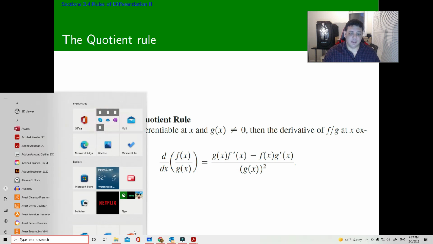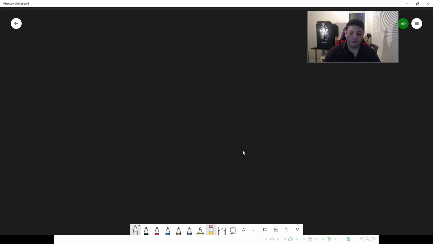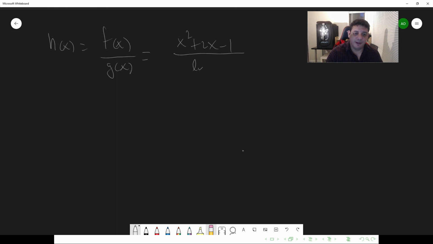So again, let's take a look at a quick example. Now we define the function h of x to be the quotient of f over g, where f of x is the polynomial x squared plus 2x minus 1, and g of x is going to be the log of x.